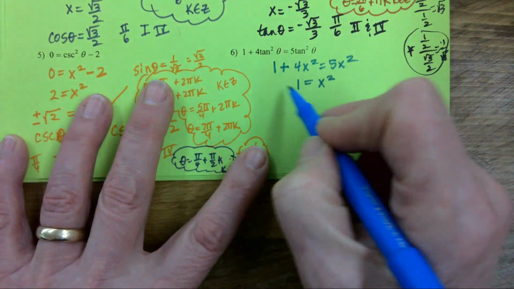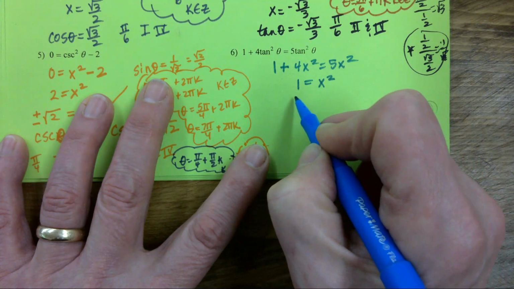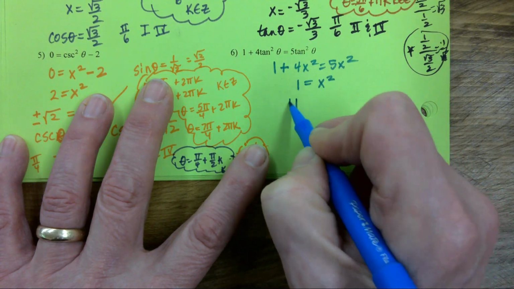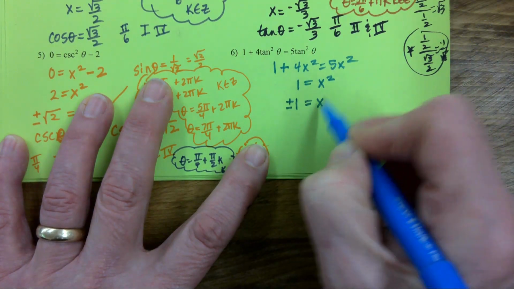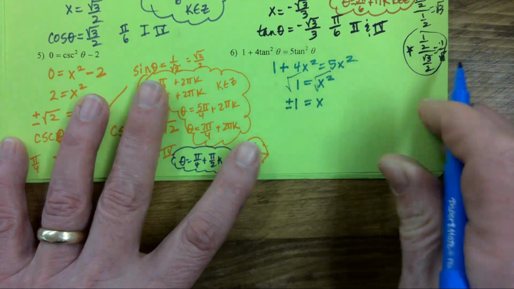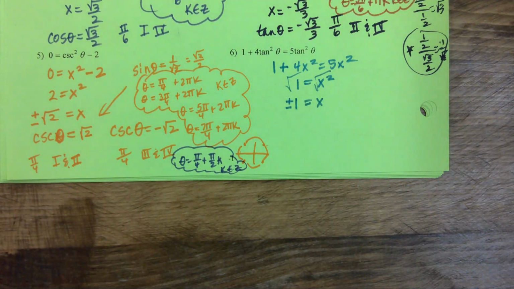So I take the square root of both sides. That leaves me with square root of 1 is 1, plus or minus 1 is x. Again, I'm taking the square root of both sides, and I don't want to forget the plus or minus 1. Don't forget it.